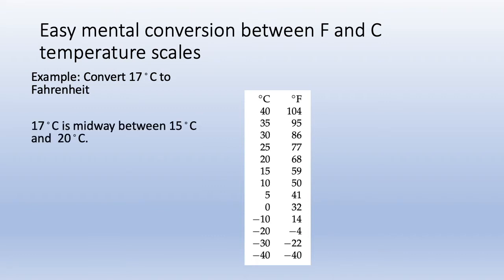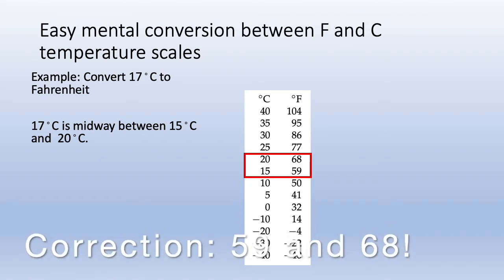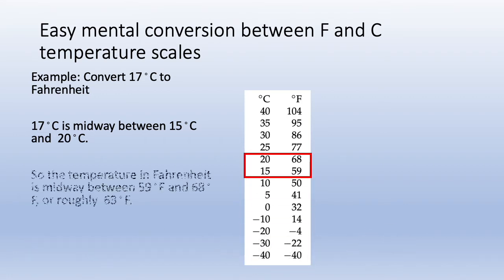First, think about the pairs on the scale that are close to that, and the easy ones, or at least I consider these to be common pairs to think of. 20 degrees Celsius is 68 Fahrenheit, 15 degrees Celsius is 59 degrees Fahrenheit. 17 is midway between 15 and 20 degrees Celsius, and so in Fahrenheit it should be roughly midway between 59 and 68, and just by mental estimation you should be able to say, well, okay, the temperature is not too far from 63 degrees Fahrenheit.